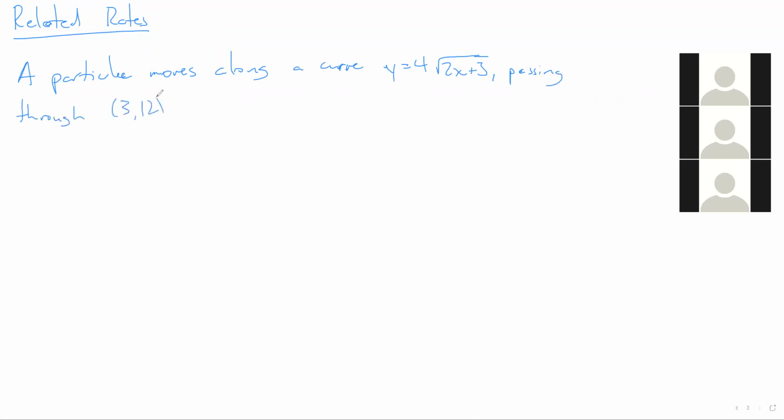In which direction? It doesn't say. Back up to the (3, 12) and read from there again. Its x coordinate increases at a rate of 2 units per second.